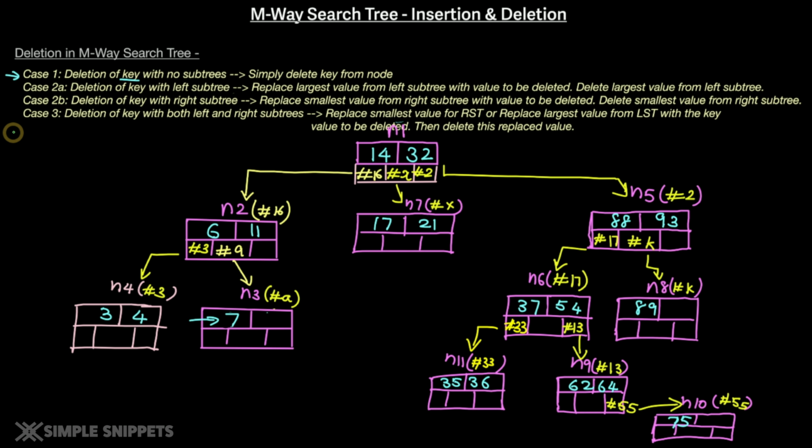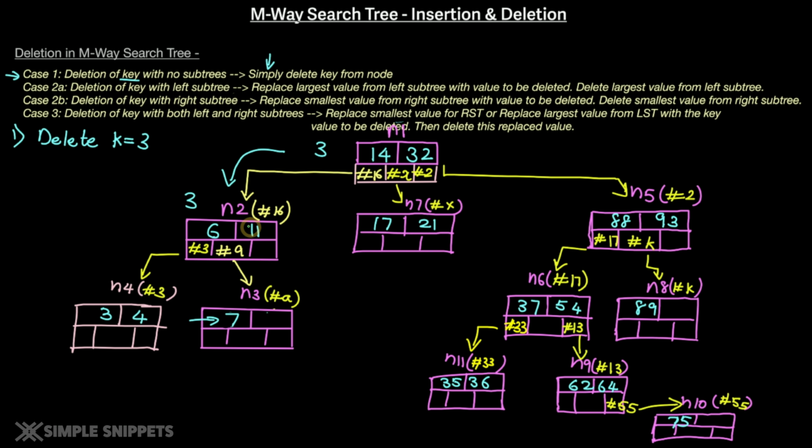So let's take the very first example and say delete the key k equals 3. In that case it is very simple, simply delete the key from the node. You just find it in this tree. How do you find it? Of course you go by the rule: is 3 smaller than 14? Yes, so go to the left of 14, then you go to N2.